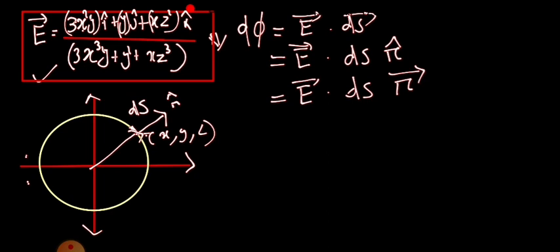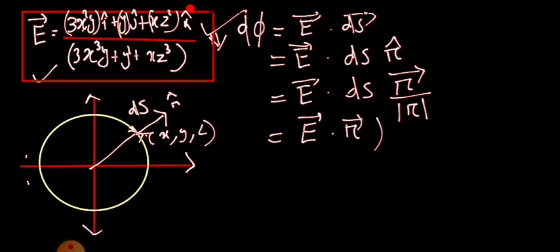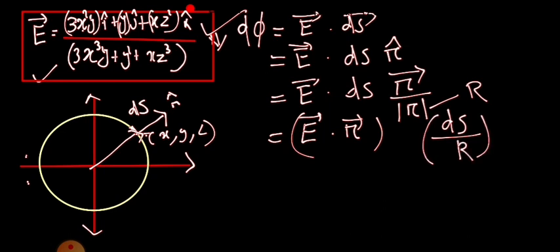The unit vector along r is r vector by mod r. So I can write E vector dot r vector into ds by mod r, and mod r is nothing but capital R.